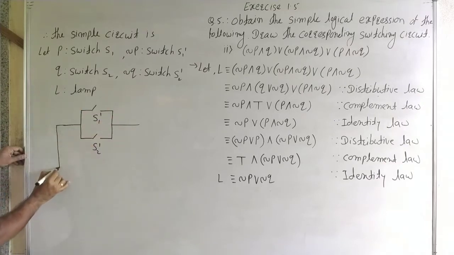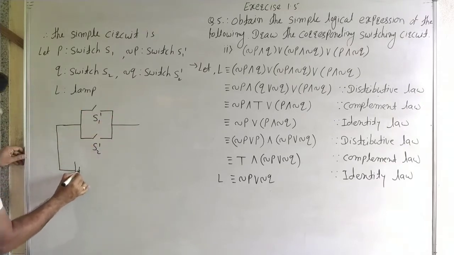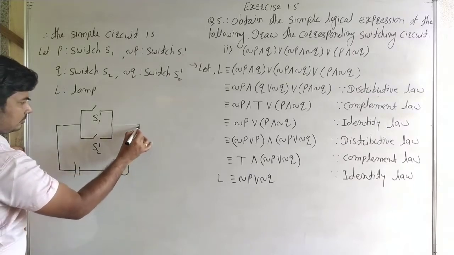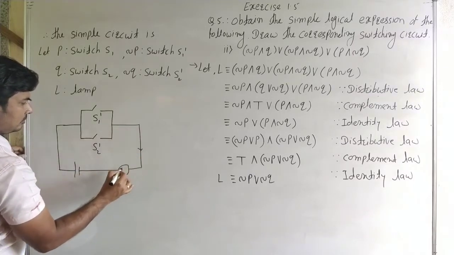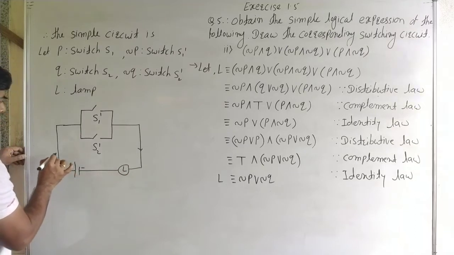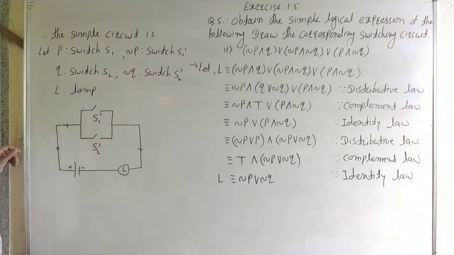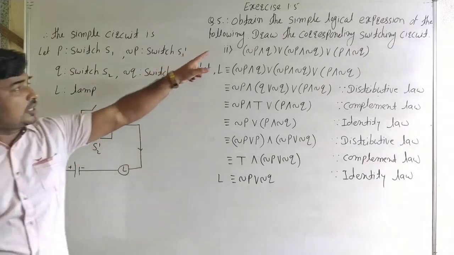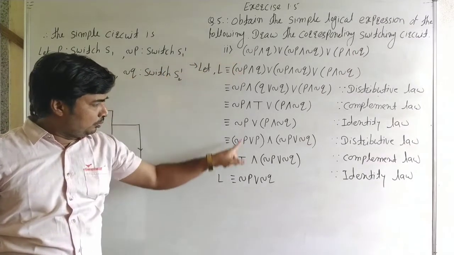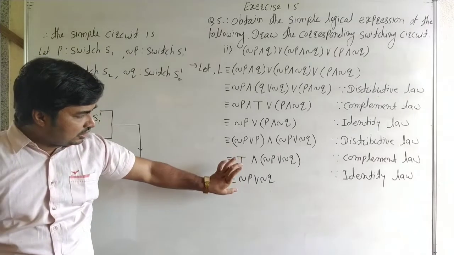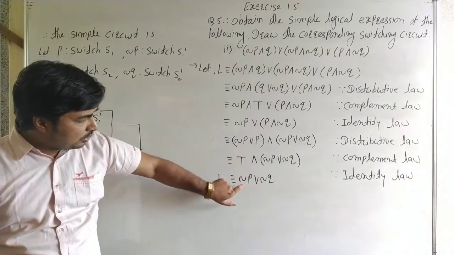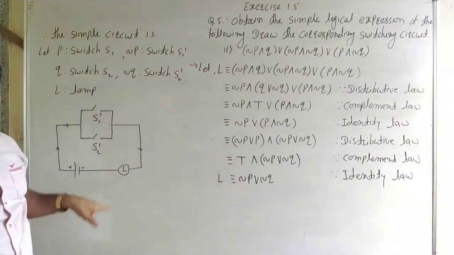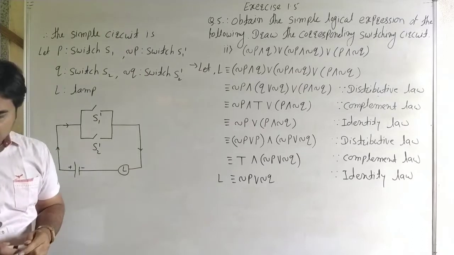Here we connect the lamp and battery. See carefully this is a given logical expression. We simplify this statement and we construct the switching circuit for this statement. Now we see the next example.